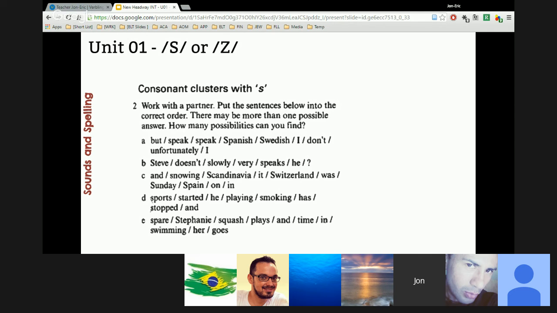Sunday. Okay, good. You're just missing the prepositions. It was snowing in Spain and Switzerland on Sunday. Okay. Scandinavia. It's okay. Just add it. It was snowing in Scandinavia, Switzerland, and Spain on Sunday.